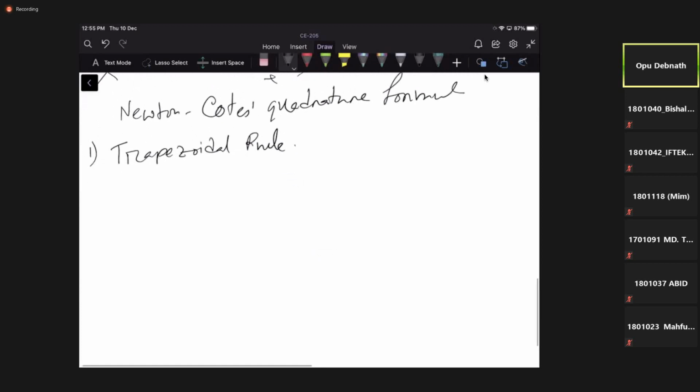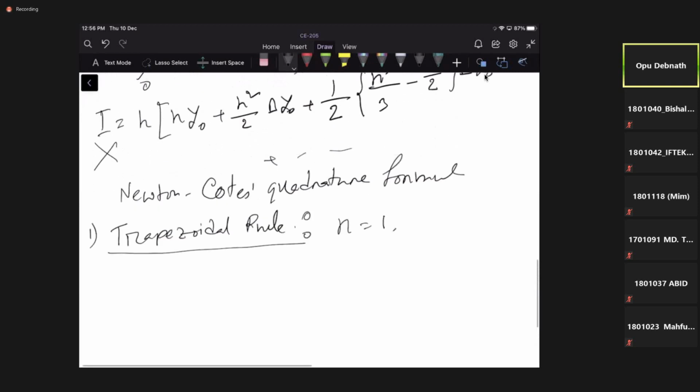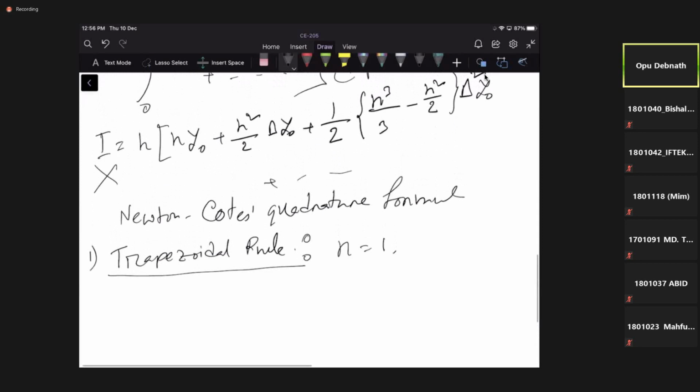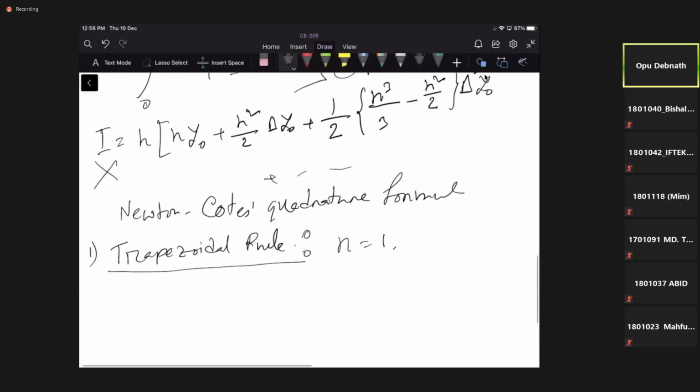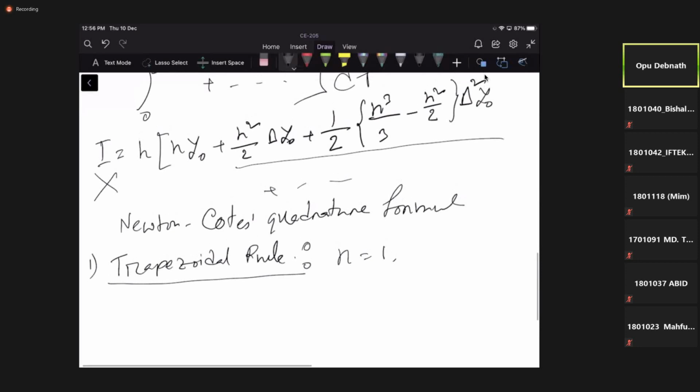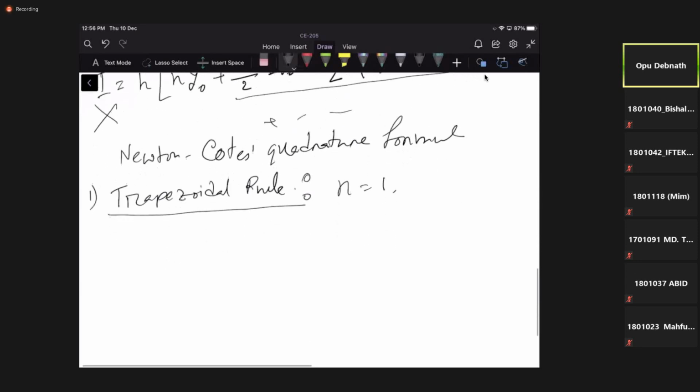For the trapezoidal rule, we will put n equal to 1 in this equation, and neglect the second and higher orders.